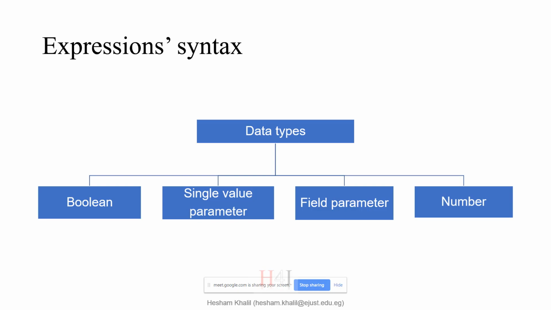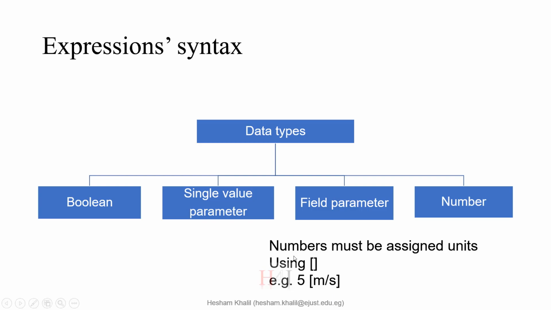Only a number without a symbol. When inserting a number, you must take care to use the units. If a number has a unit, you must define it. You can't leave it without a unit in a dimensionless form. Like if the input is 5 meters per second, it's a velocity, so you must specify that the number is 5 meters per second.